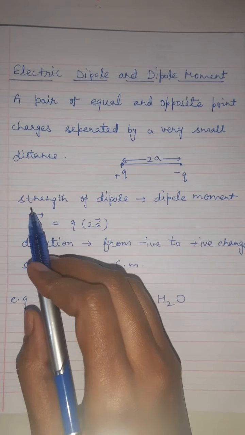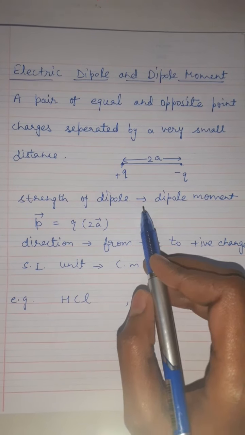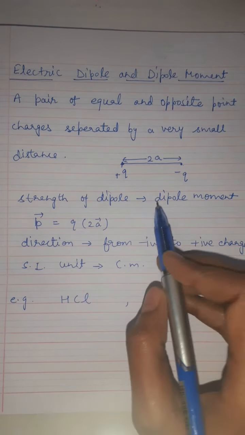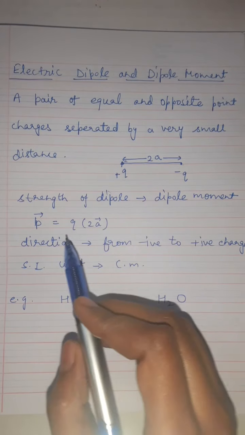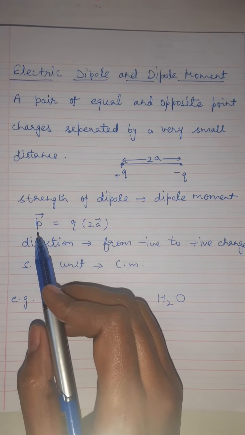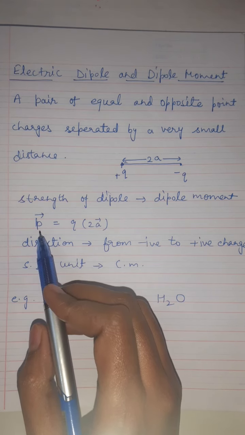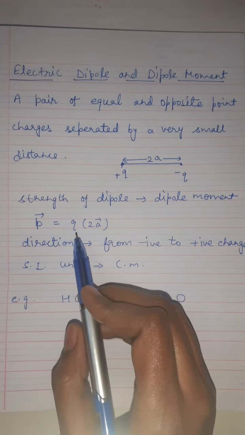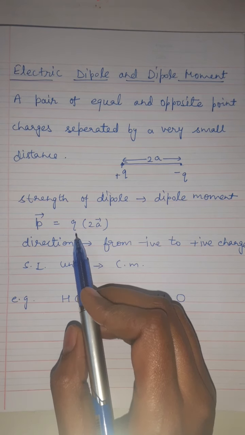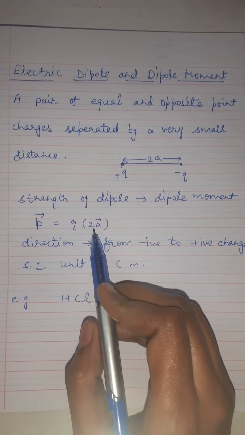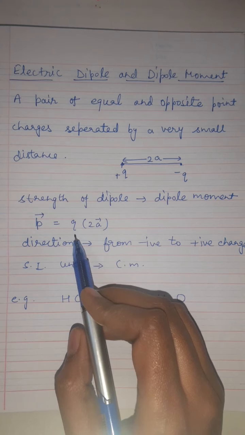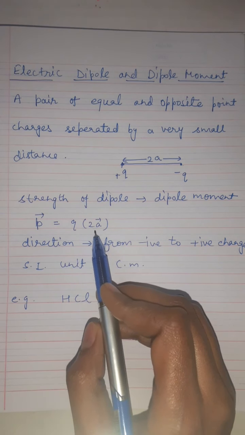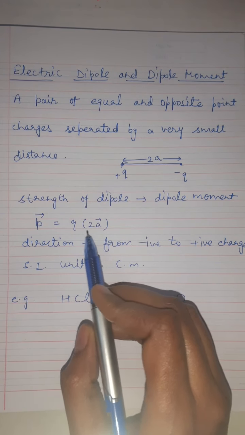The strength of the dipole, which we call the dipole moment, will be equal to p. Small p is the symbol of dipole moment, and it is a vector quantity. It will be equal to the charge of either of the two charges multiplied by the distance between the two charges.